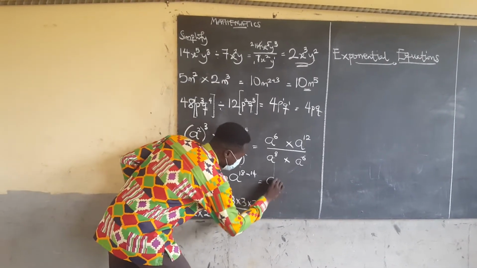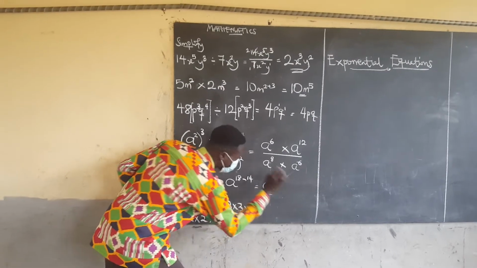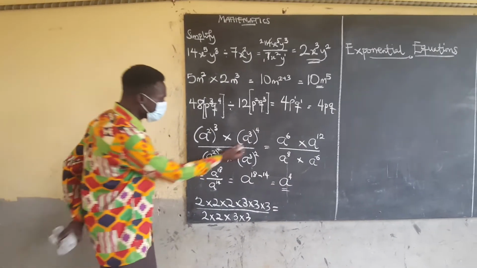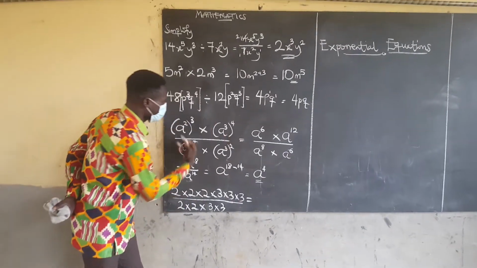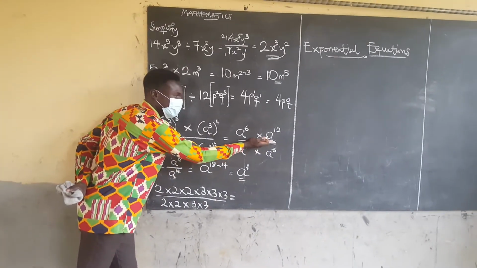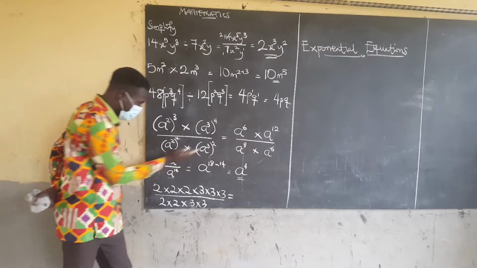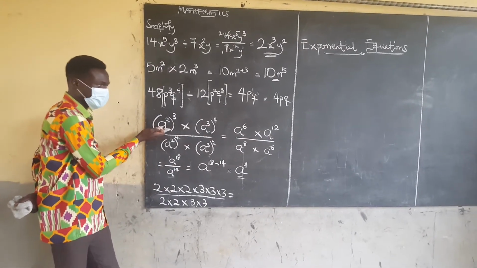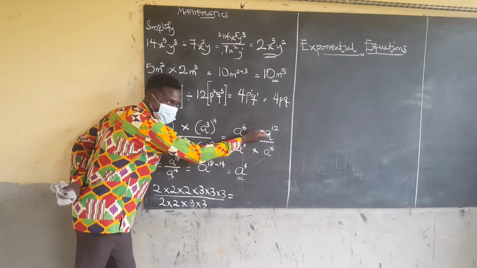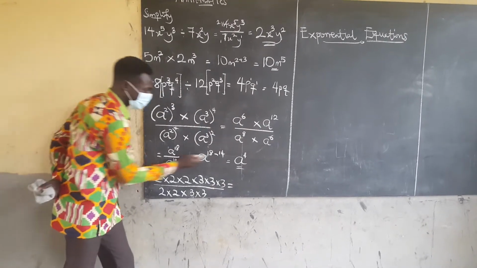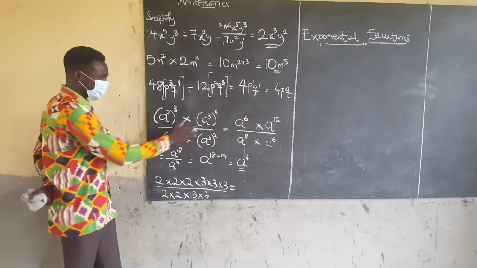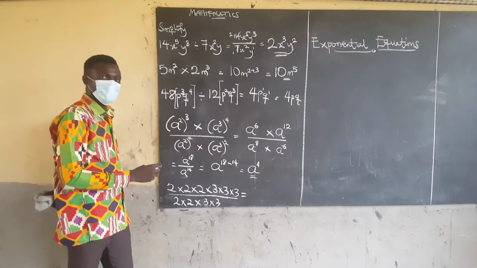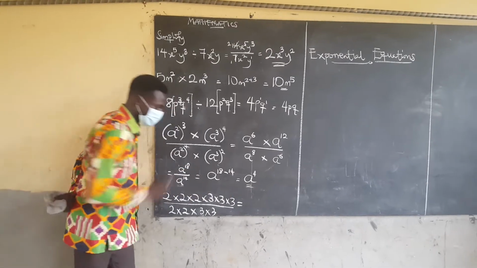So this will give me a raised to the power 4 as my final answer. So we applied the third law of indices, the first law of indices, and now the second law to get a to the power 4. So with this question, we've combined all the laws to get the answer.